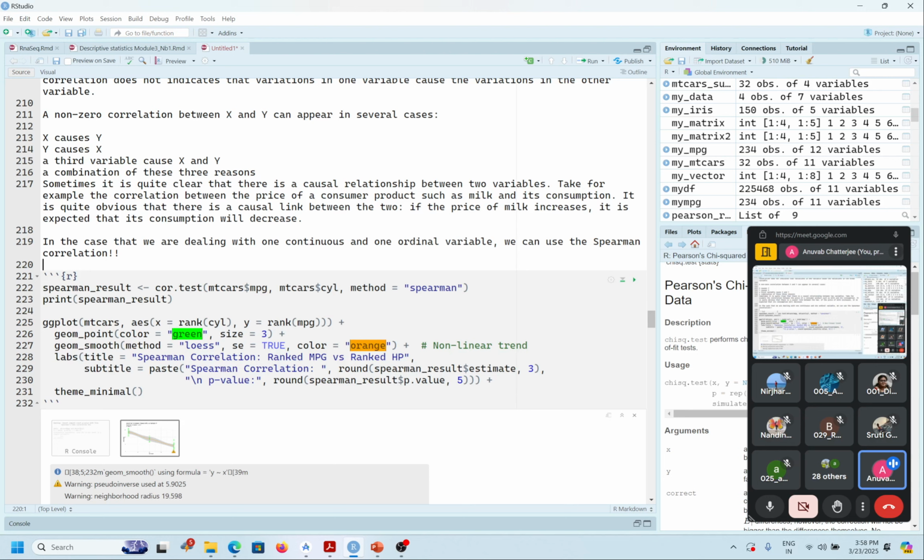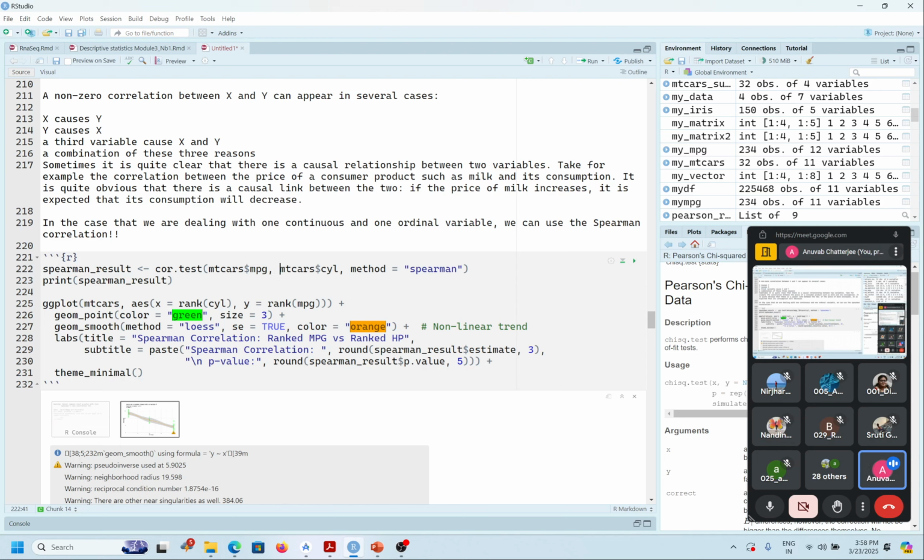Okay. So next, we have dealt with the Pearson coefficient when we are dealing with correlation of two continuous variables. But what if one of your variables was an ordinal or a categorical type of variable? In that case, you use the Spearman coefficient. In case of the Spearman coefficient, you use the same function cor.test, and in our mtcars data set, the categorical variable was cylinder, right?